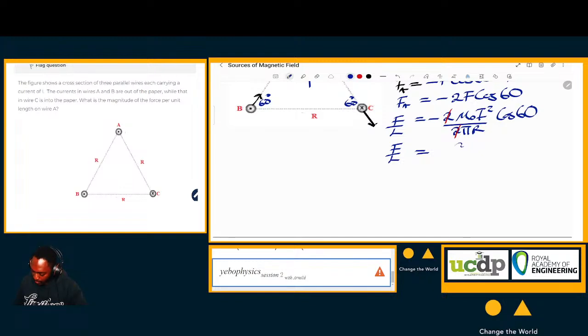You remain with mu naught I squared cos of 60 over pi r. We've ignored the negative because the question is only asking for the magnitude.